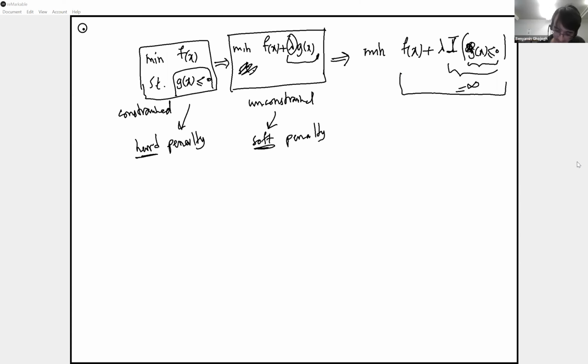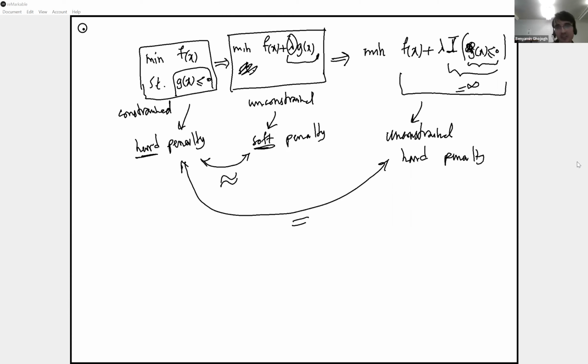So it blows up the whole objective function, and you don't accept it, because this is the worst case scenario for minimization. Now you can say, although it's unconstrained, it's a relaxation of this constrained problem, but it has a hard penalty. So approximately, the soft penalty approximates the hard penalty. The solution might not be exactly equivalent, but these two are exactly equivalent. Because when you don't satisfy here, it's infeasible.